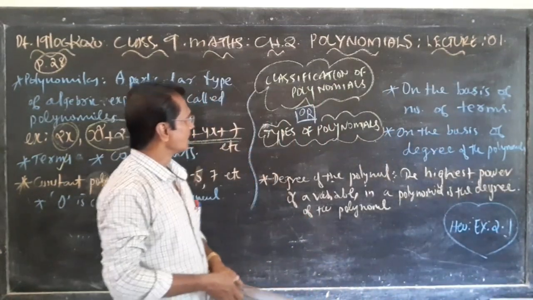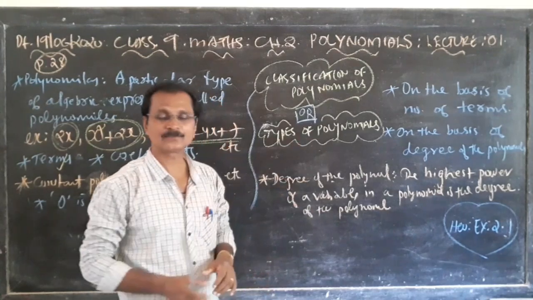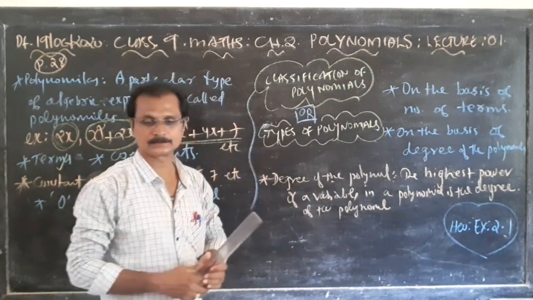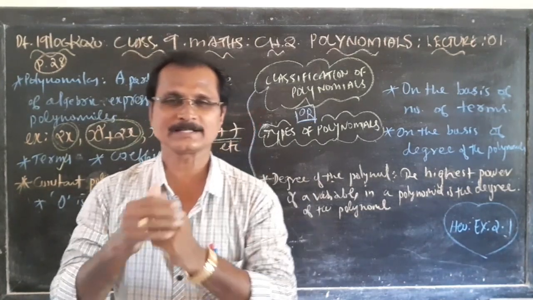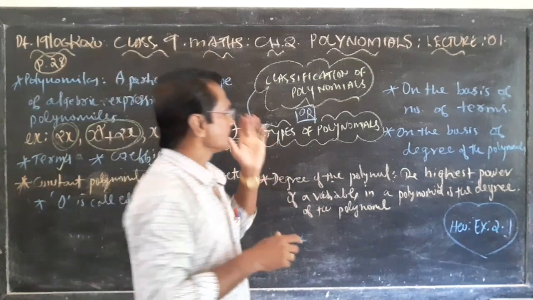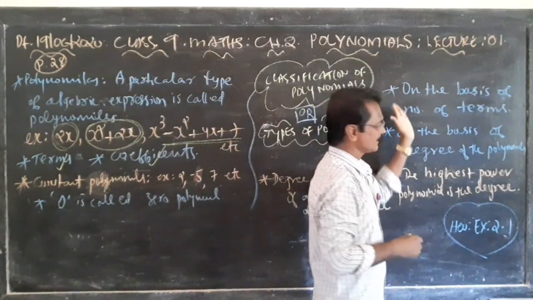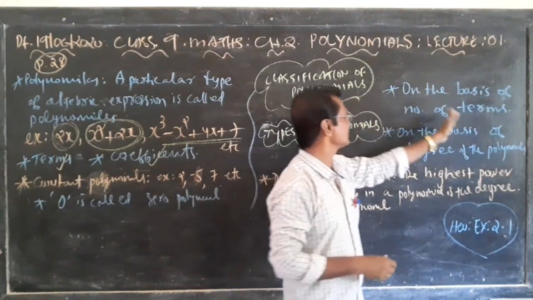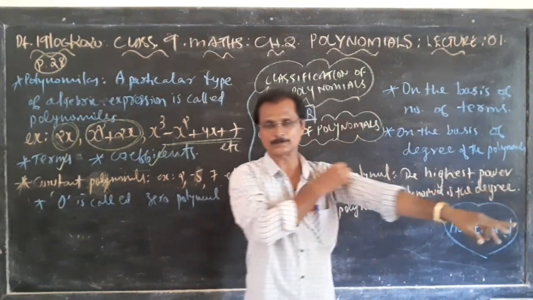Now, moving to the next point, classification of polynomials or types of polynomials. We are classifying on the basis of two methods. One is on the basis of the number of terms in the polynomial.